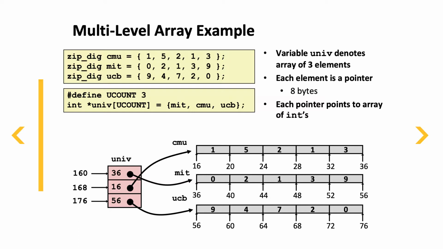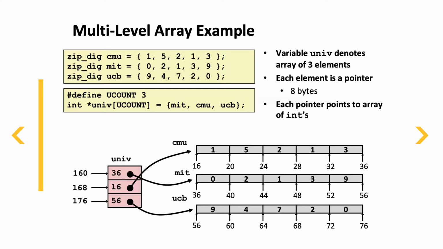Pointers in 64-bit architectures are 8 bytes, so we can see that we have a pointer living at address 160, another one living at 168, and another one living at 176, because that univ array has to be contiguously allocated, and it's got pointers in it, right?